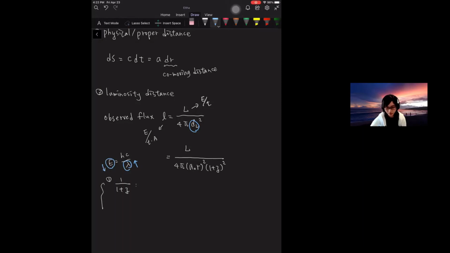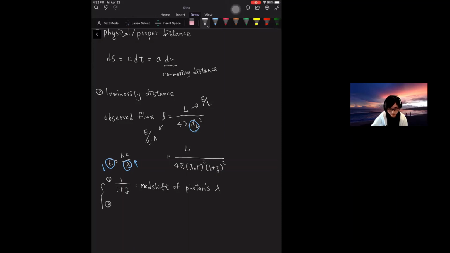And remember, in this luminosity distance equation, the luminosity is related to energy. So if the energy is reduced, we have to correct for it because the energy of the photon is reduced. So the first factor, 1 over 1 plus z, is because of the redshift of the photon's wavelength.